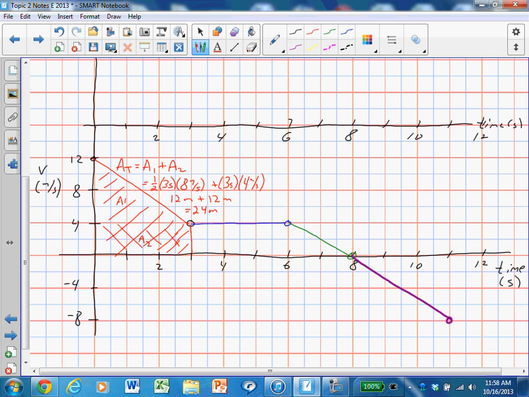The blue zone, we'll calculate now. It's only one kind of area. It's just a rectangle, and the area of the rectangle would be base times height, which would be 1, 2, 3 seconds with a height of 4 meters per second, which would be 12 meters.